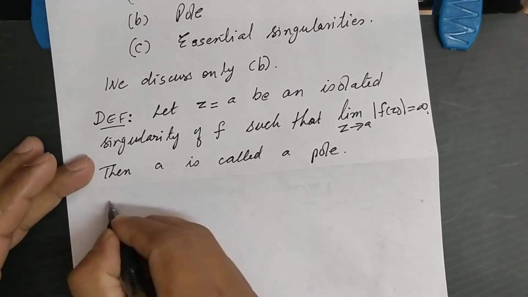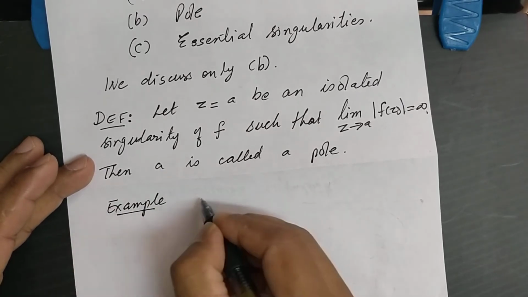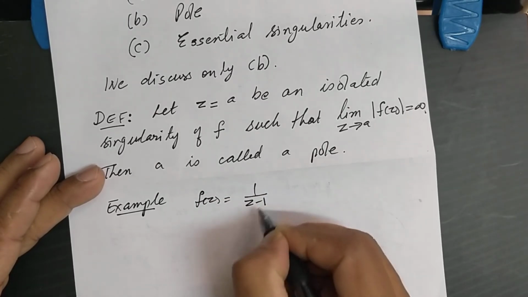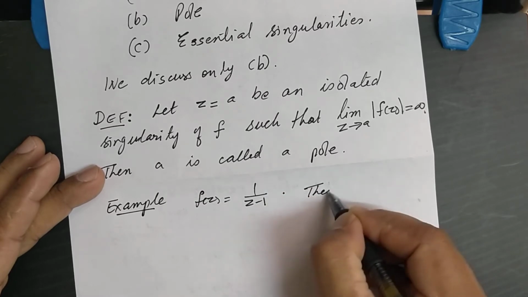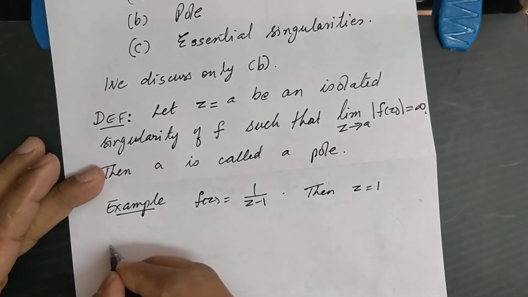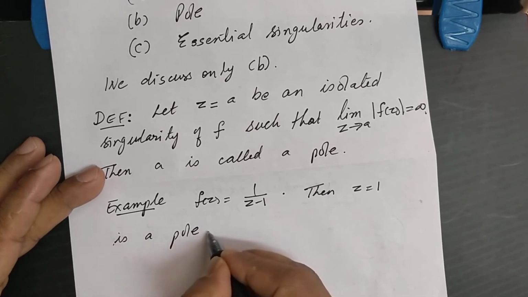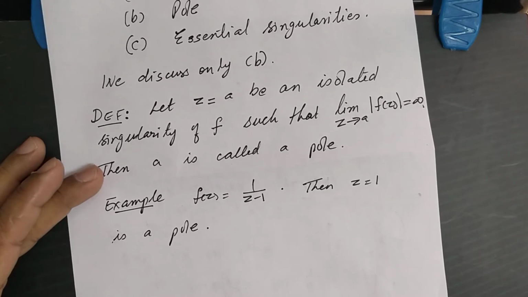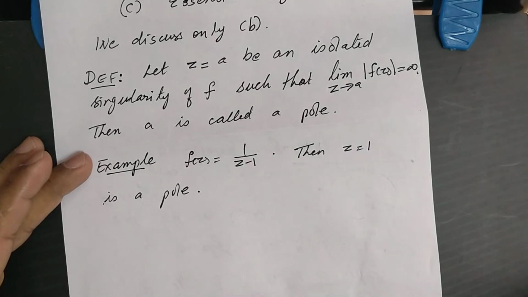Another example could be, if you take f of z equal to 1 upon z minus 1, then z equal to 1 is a pole. Fine. Now these are some very simple examples.